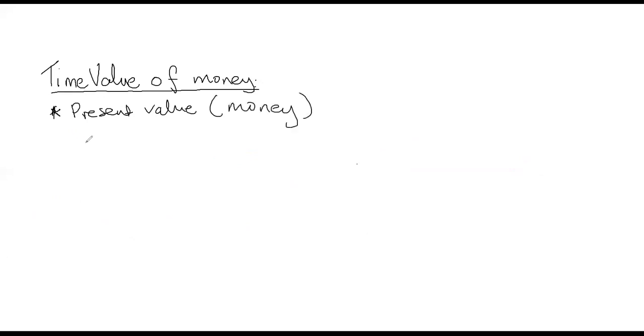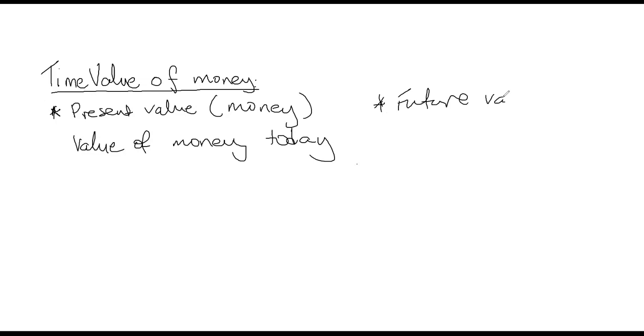When we talk about the present value of money, we're referring to the value of money today. Whereas when we talk about the future value of money, we are referring to the value of money in the future.